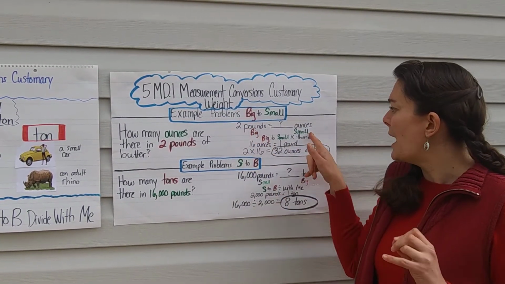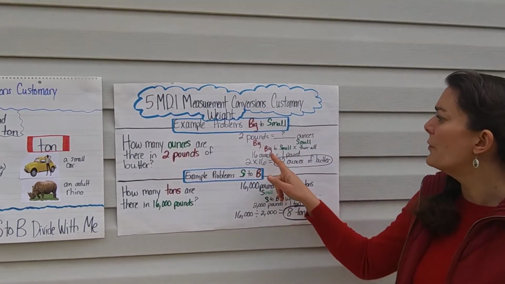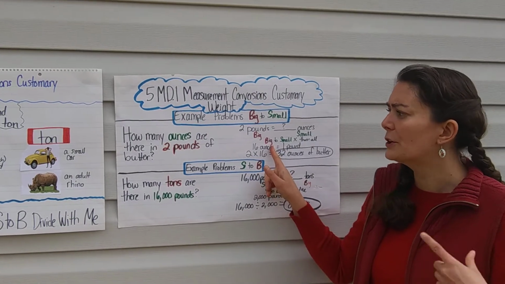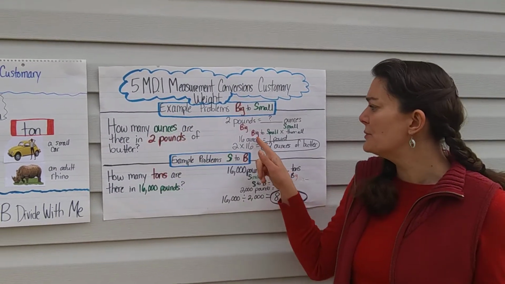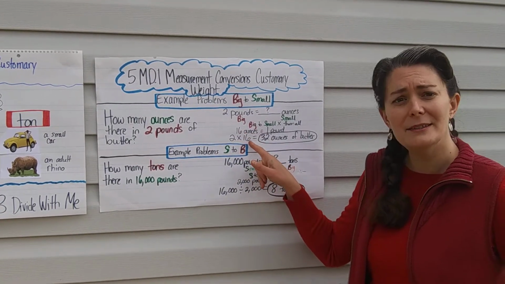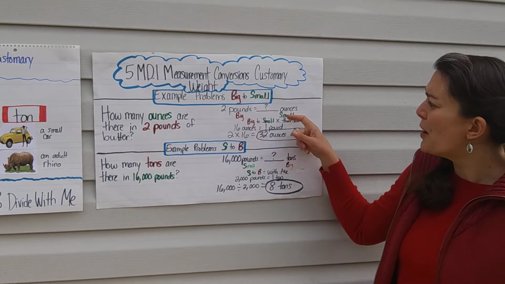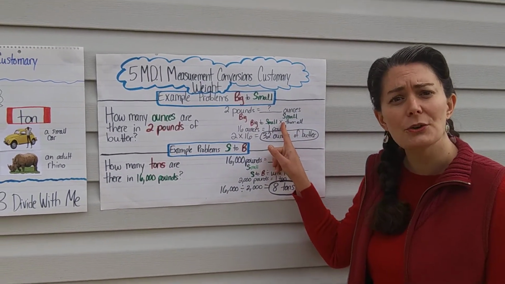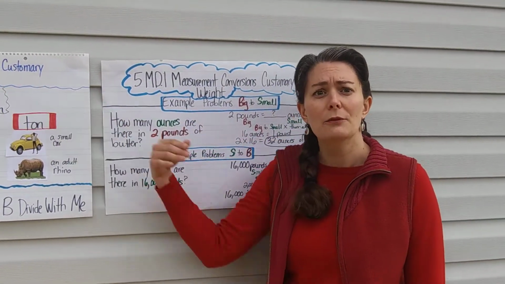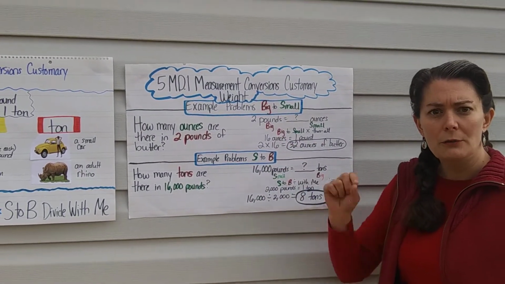Pounds are big, ounces are small, big to small, we times them all. Then I ask myself, what's the conversion? There are 16 ounces in a pound. So I take my 2 pounds, times 16, and I end up with 32 ounces of butter. The big to small mnemonic tells you what operation to use, and then you use your conversion chart to tell you what your unit conversions are.